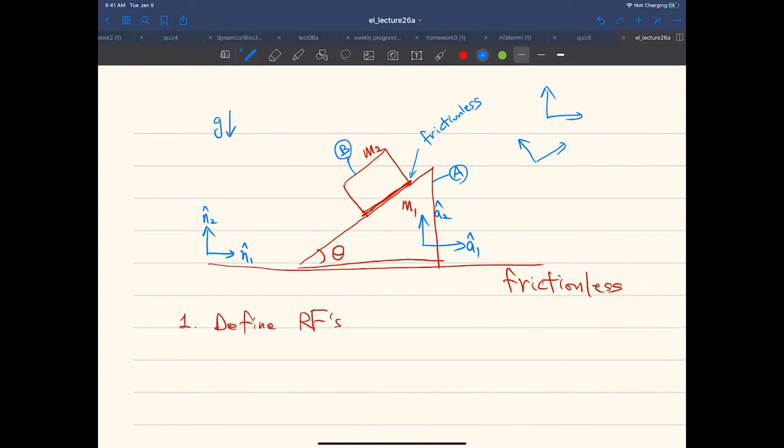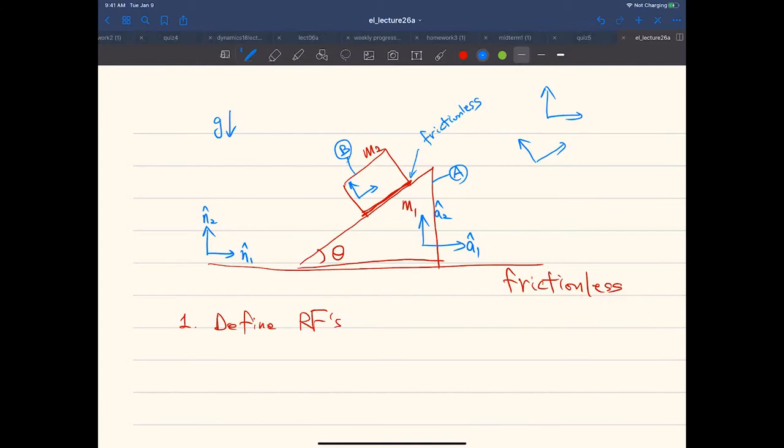I like that too, because when you assign the reference frame, you have to think about the possible movement of that single degree of freedom, or that single generalized coordinate. Obviously, it's a good way to define your reference frame in this way.